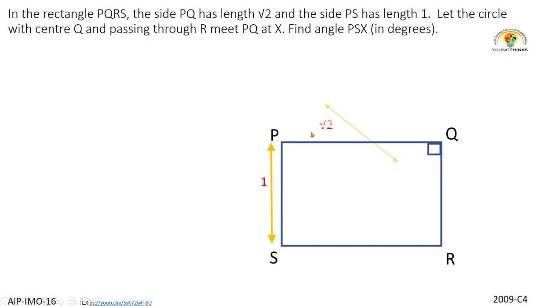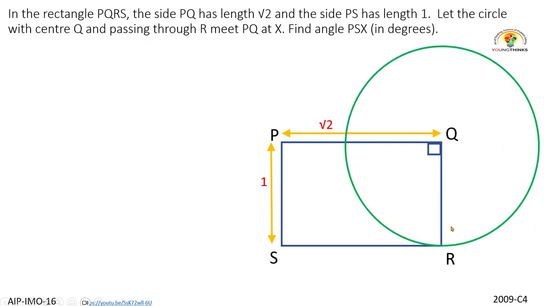This is 1, this is root 2. You draw a circle with a center here whose radius is QR, and it will cross this PQ at the point called X. You need to find the angle PSX.